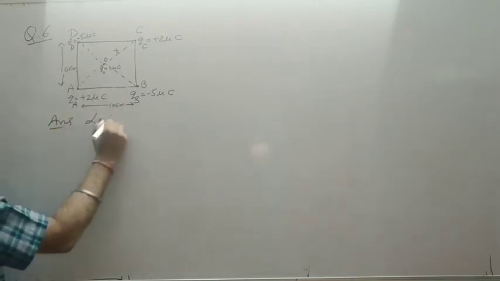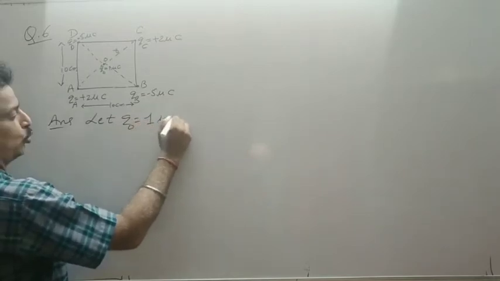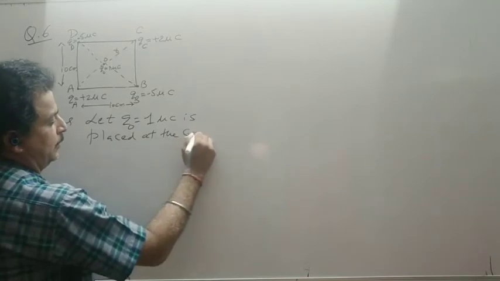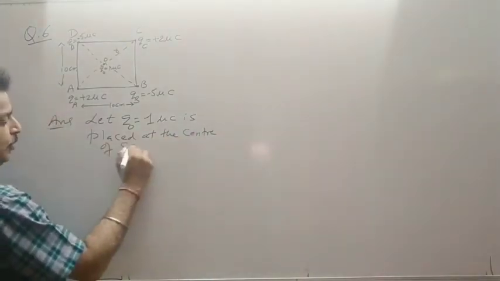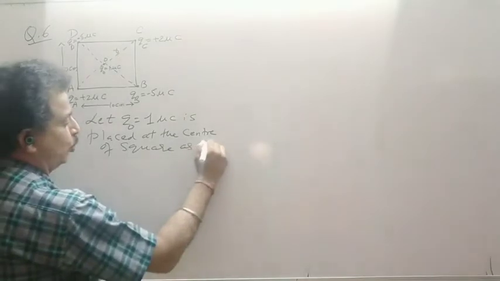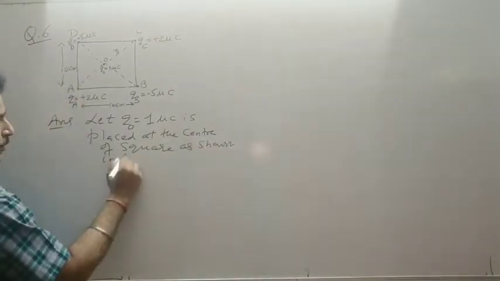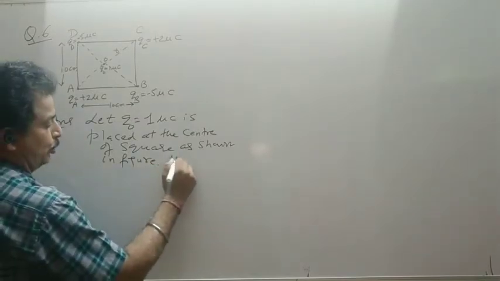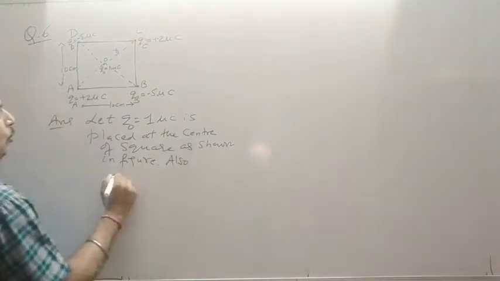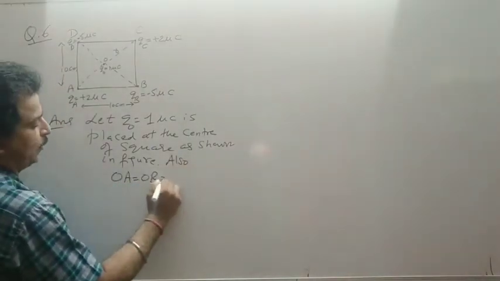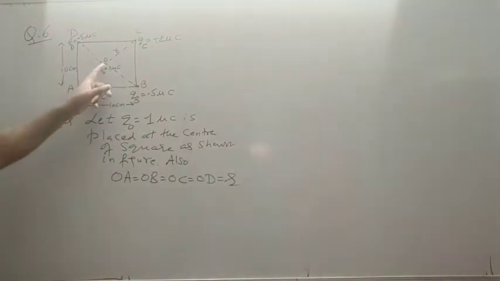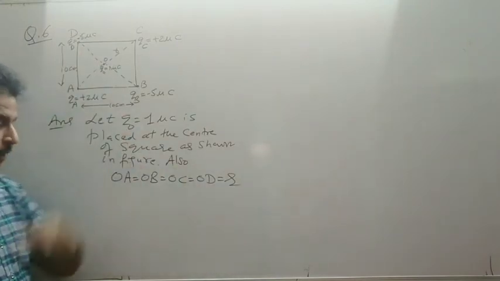So let Q naught equal to 1 microcoulomb be placed at the center of the square as shown in the figure. Again we can do this orally also, but we are writing the theory. Also, OA equal to OB equal to OC equal to OD is equal to R. We assume that the distance between the center and each vertex is R.